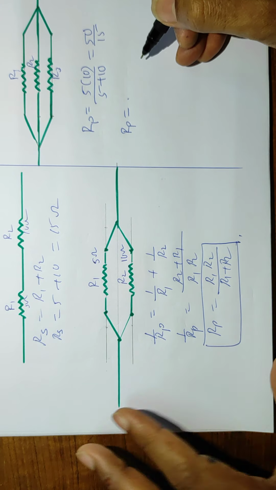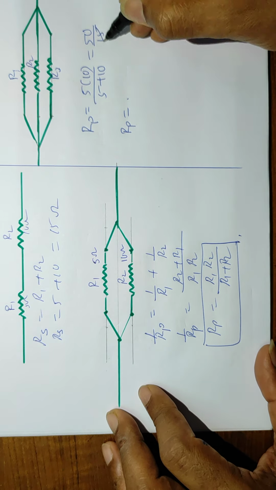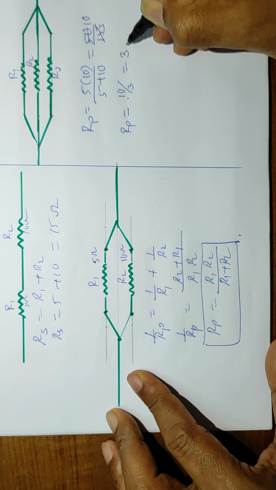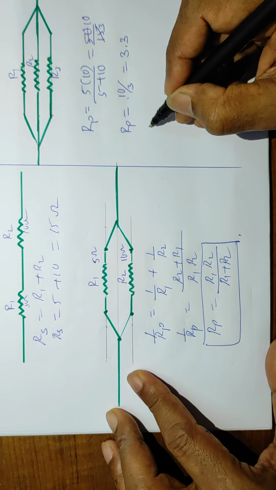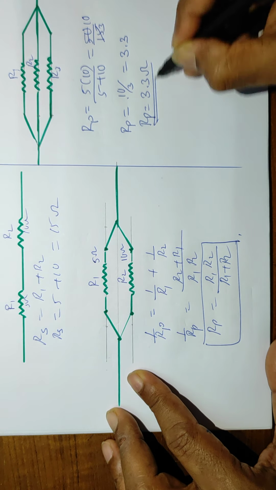Rp is equal to 10 by 3, that is 3.33. Rp is equal to 3.3 ohm.